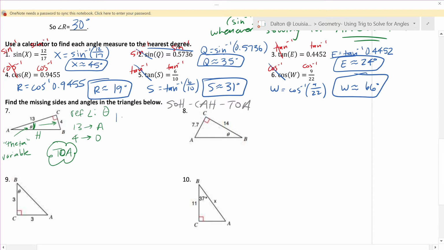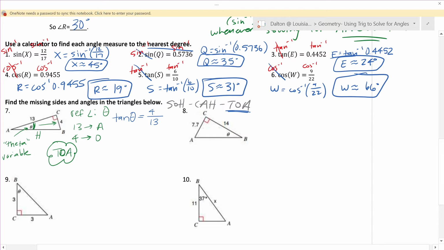The tangent of, you always put your angle here. Well, this time, remember, your angle is theta. It's that variable. So the tangent of theta is equal to, you follow this order, opposite over adjacent. So opposite is 4 over adjacent is 13.